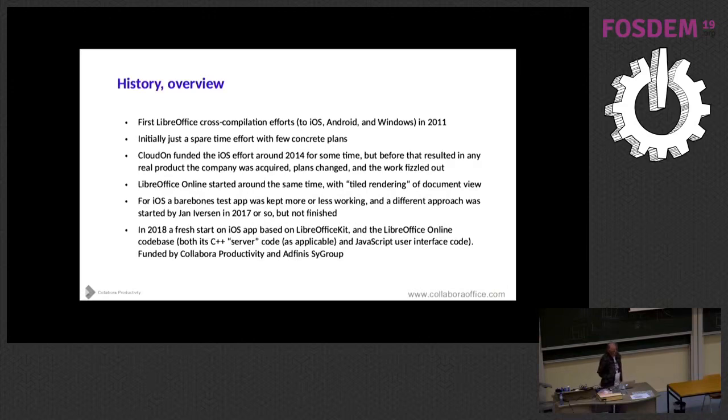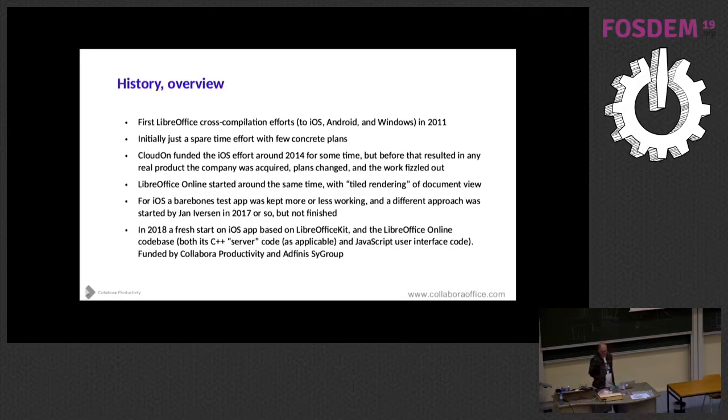Around the same time, we at Collabora started working on LibreOffice Online, and this introduced this tiled rendering idea where a client, or some code, can ask LibreOffice to render the view of a document as rectangular tiles, pixel maps.